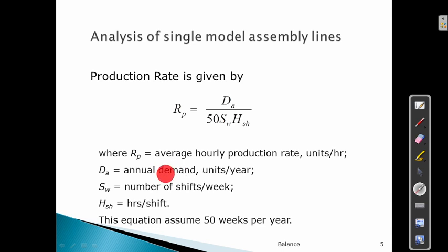See this data, the annual demand as well as number of shifts and hours per shift for that particular workstation, will be given by the formula. We can get these data from the problem.